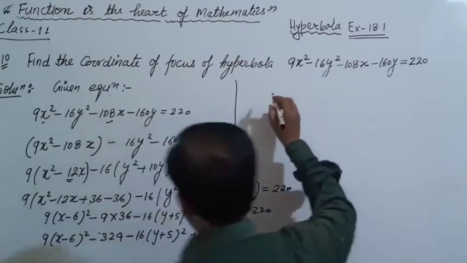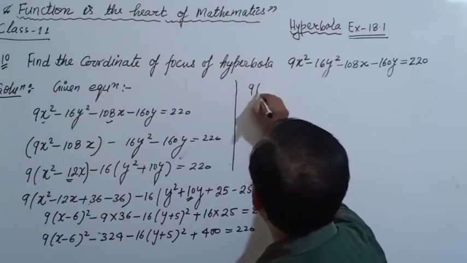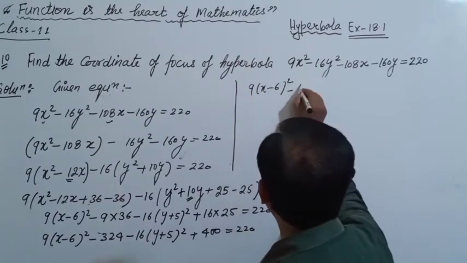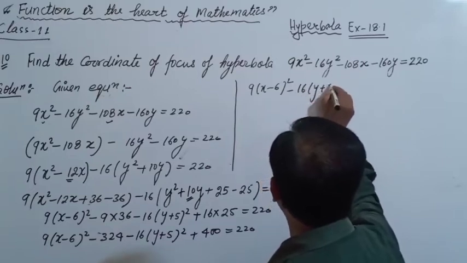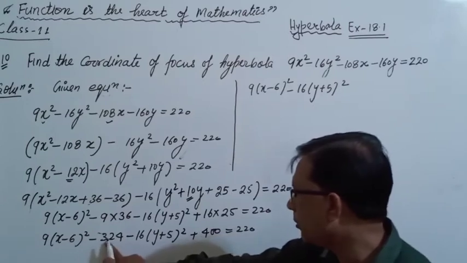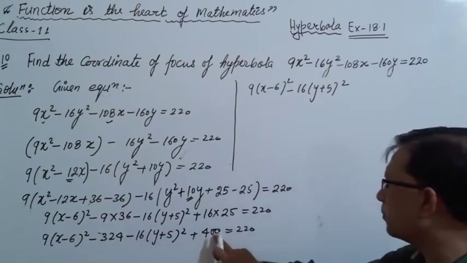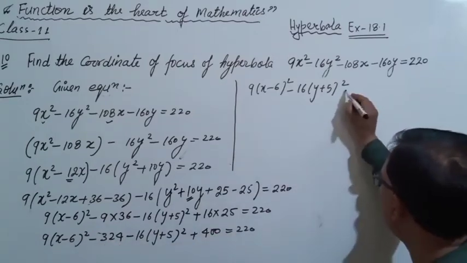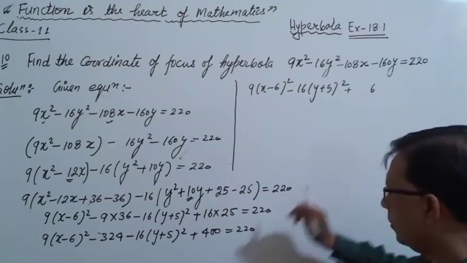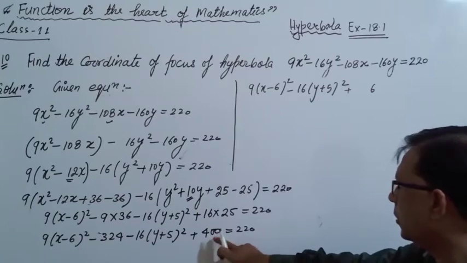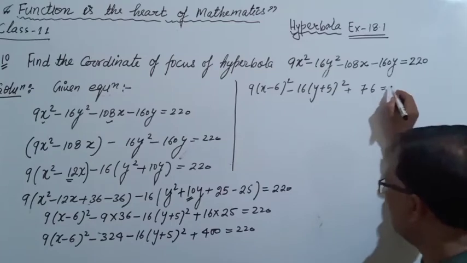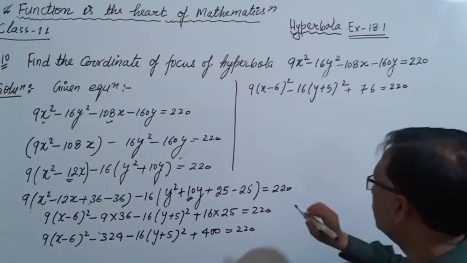So we write in this form: 9(x minus 6) whole square minus 16(y plus 5) whole square, and minus 324 plus 400 becomes positive 76, equal to 220.